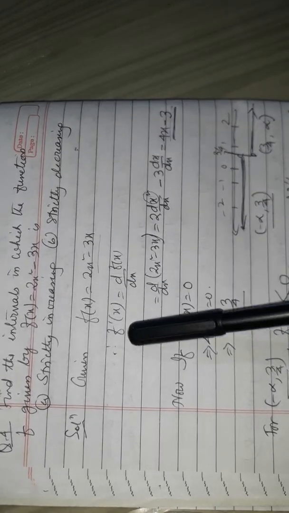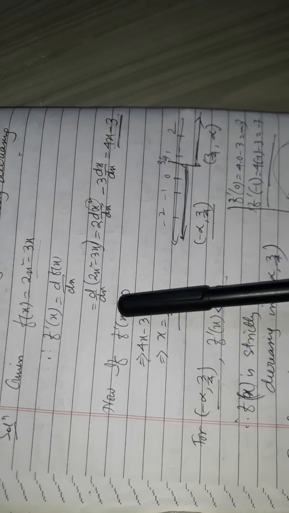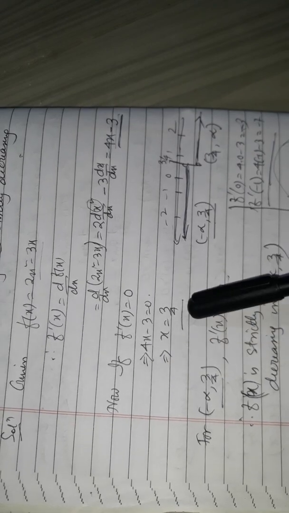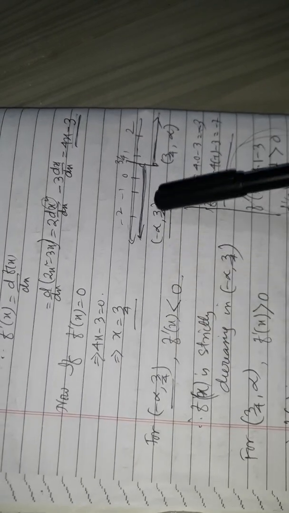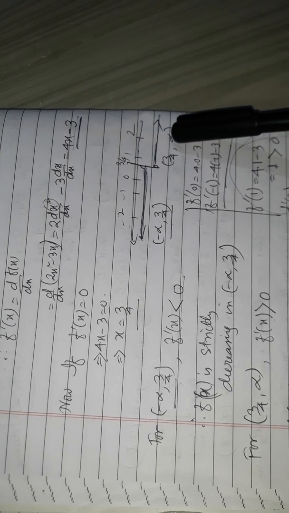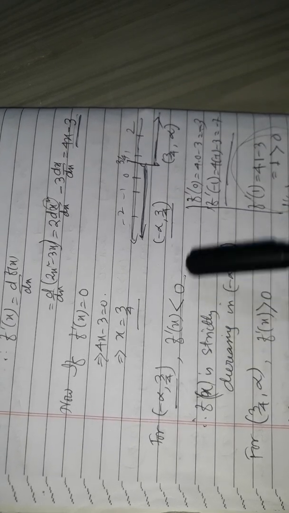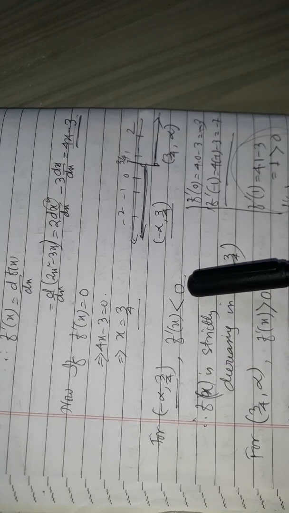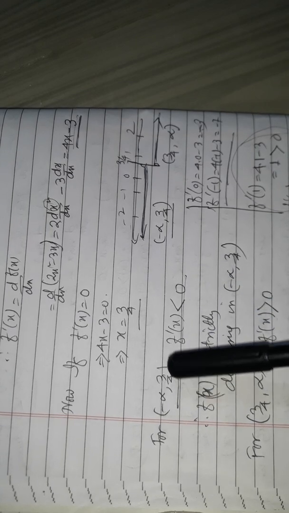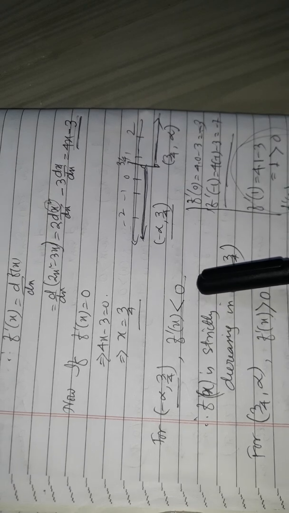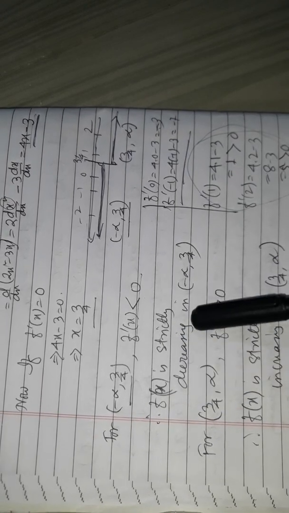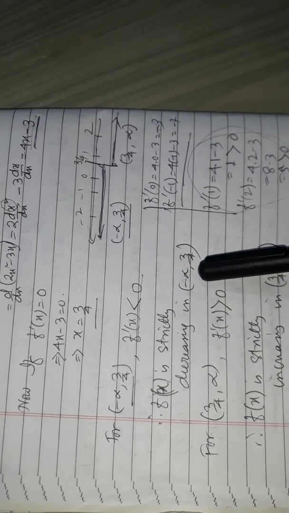So we have taken the first derivative, then calculated for what value of x f dash x is 0. Then we calculated the two intervals. In the first interval we checked by trial and error and found all values give f dash x negative, so f x is strictly decreasing in this open interval.